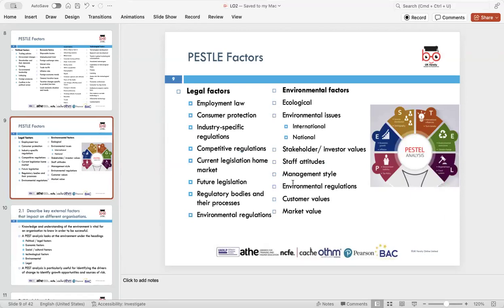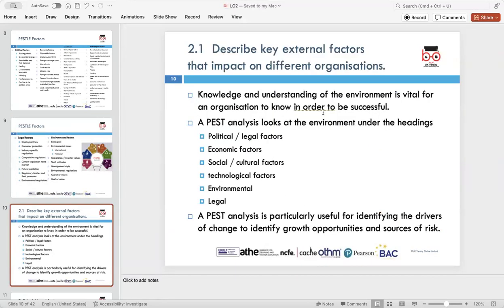When we talk about environmental regulations and customer values and market values, they relate to the values and preferences of customers, and market value, the perceived worth of a product or service in the market. So, knowledge and understanding of the environment is vital for an organization to be successful.